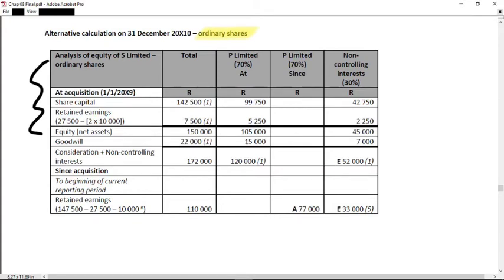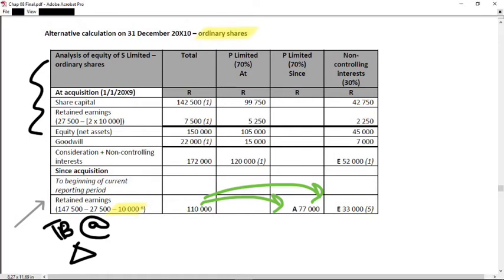In the retained earnings since to opening balance period, please remember you take the TB amount of S, you deduct the actual dividend at the full movement, and then because the cumulative preference share was in arrears for 1 year during that period, you are left with the amount attributable to your ordinary shareholders, which you then attribute. And all the amounts in this NCI column, that's all the amounts you need to write the journals for. And I've shown you the journals. Just see how the analysis really helps you to get to those amounts.